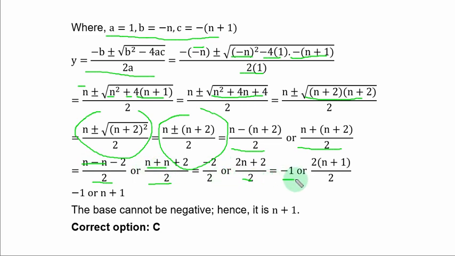Here becomes minus 1. If you factor out 2 from here, you have 2 bracket open n minus 1 over 2. By the time 2 we cancel 2, you have minus 1 or n plus 1. The base cannot be negative, hence it is n plus 1. So C is the correct option.